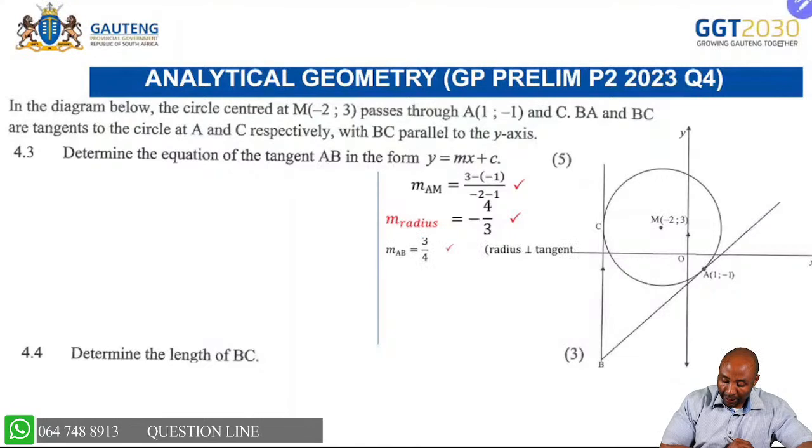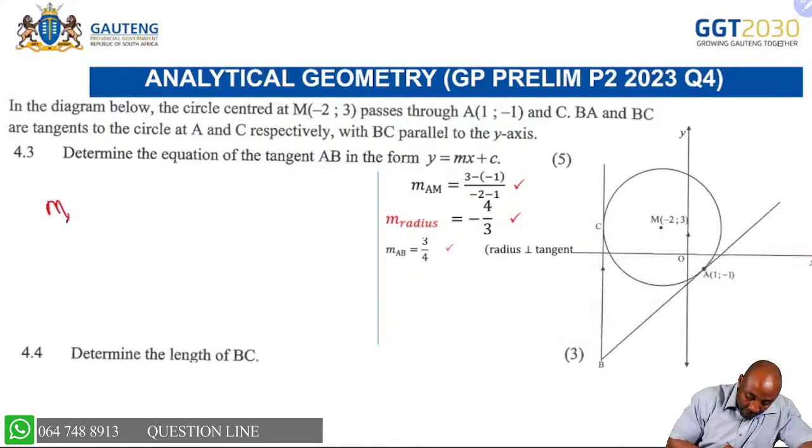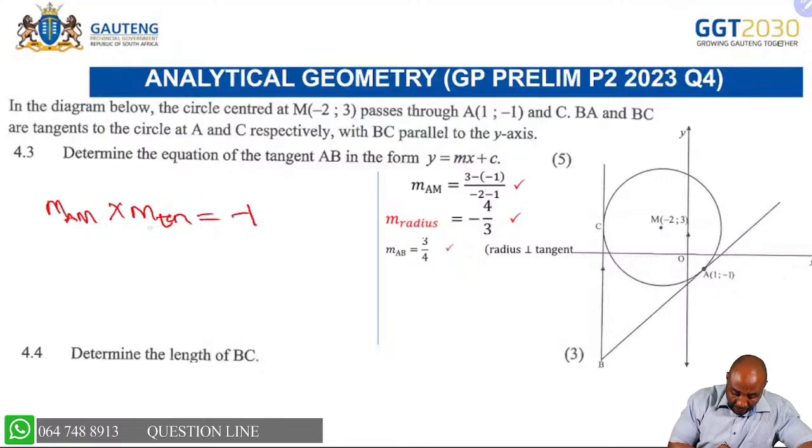But we know that the gradient of AM multiplied by the gradient of the tangent should give us -1. We substitute our -4/3 times the gradient of the tangent, which gives us -1.